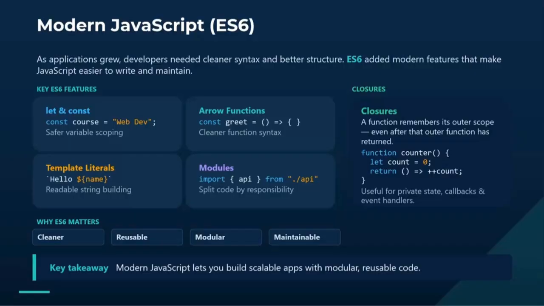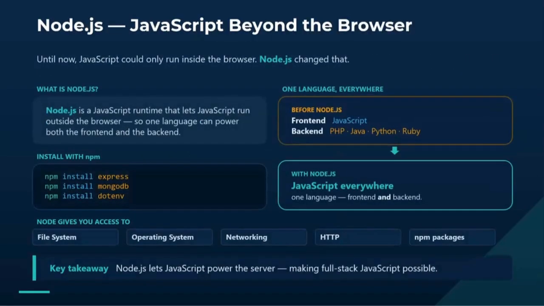So, up to this point, everything we discussed runs inside the browser. But modern applications also required server side programming. That's where Node.js comes in. Before Node.js was introduced, JavaScript could only run inside web browsers.